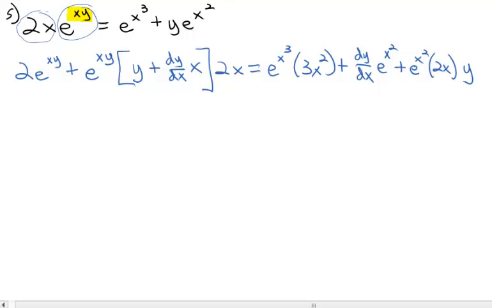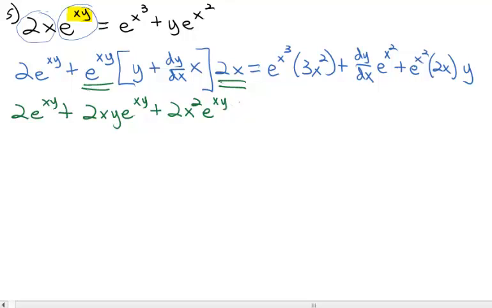Need to clean this up. On the right side, we're going to distribute everything through those parentheses. So we have 2e to the xy plus, and I want to notice we've got a 2x and an e to the xy that have to distribute in. So that's 2xy e to the xy plus 2x squared e to the xy dy dx.